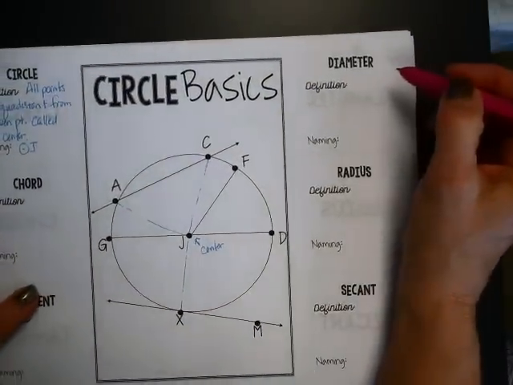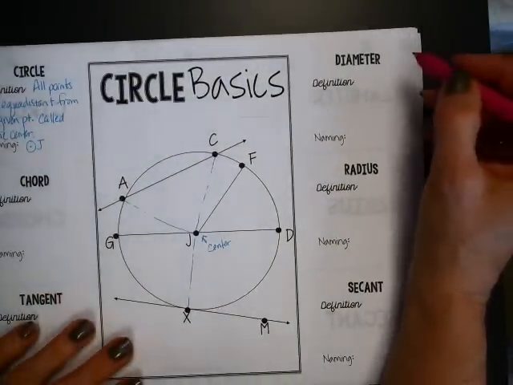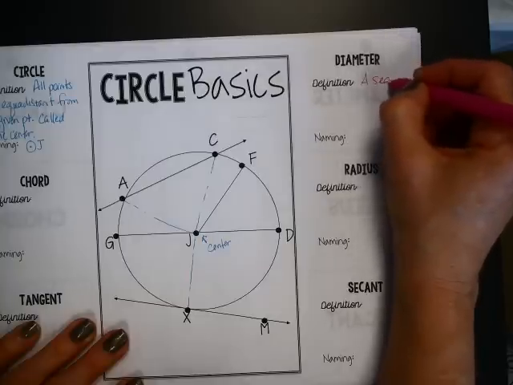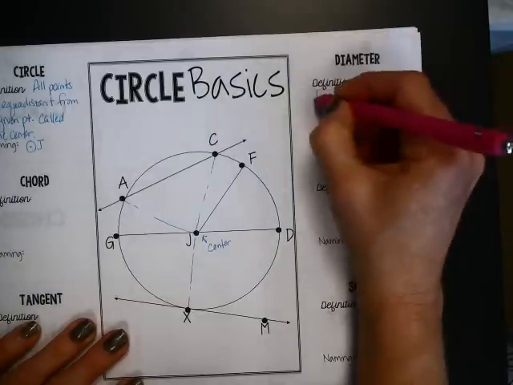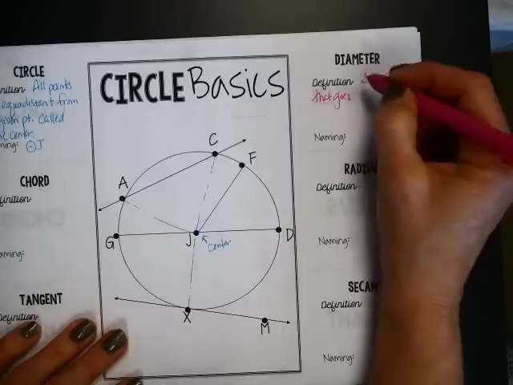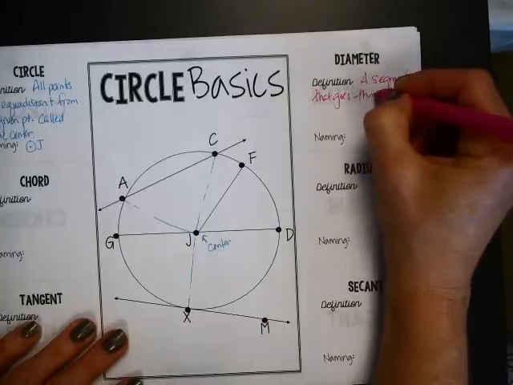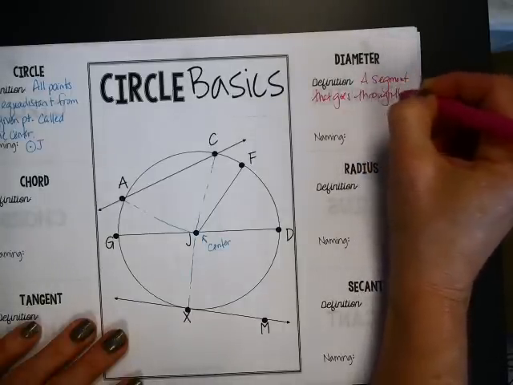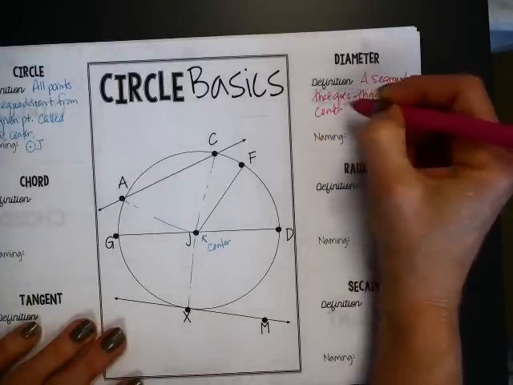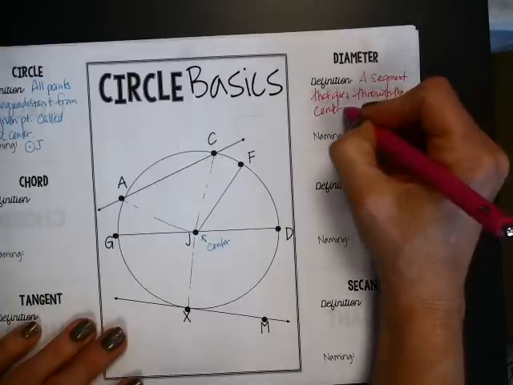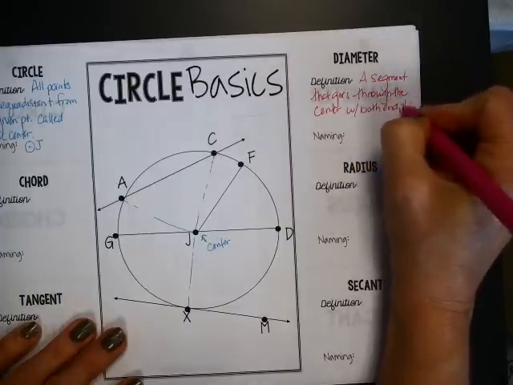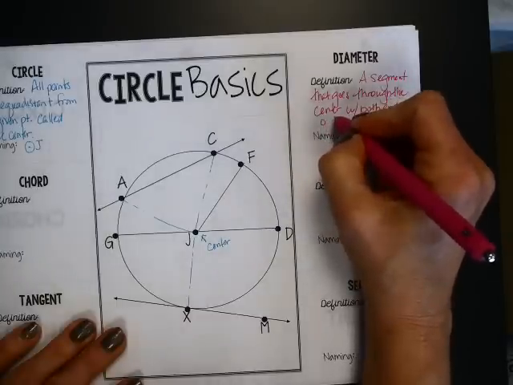We're going to do the diameter next, because I'm thinking you guys are all familiar with the diameter. It is a segment that goes through the center with both endpoints on the circle.